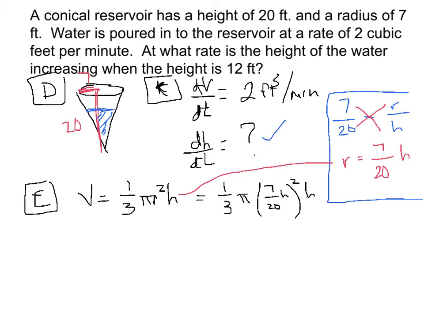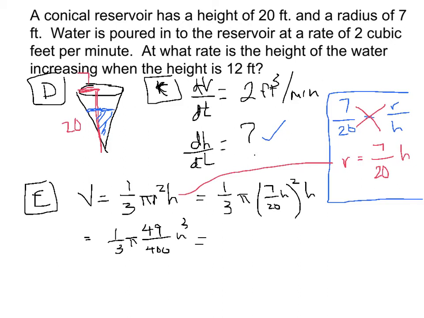Let me keep cleaning. 1/3 pi. Well, 7 squared is 49. 20 squared is 400. And I have h squared, but another h there as well, so h cubed.